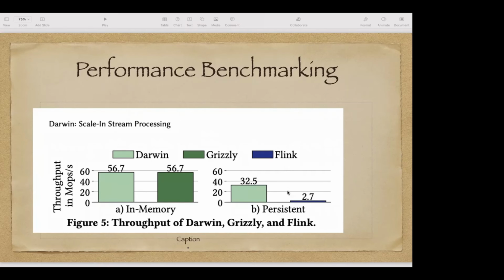There is a clear difference between the performance of Darwin and Flink because of Viper, which, as mentioned earlier, is based on a hybrid DRAM and persistent memory index and log structure.